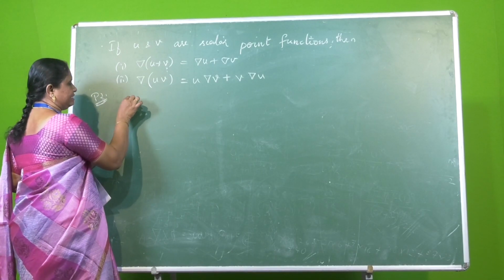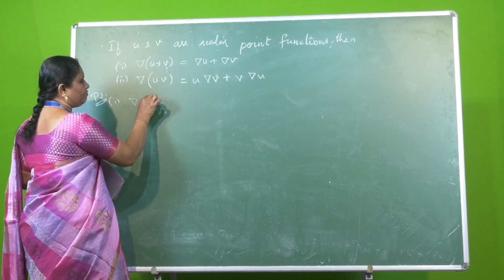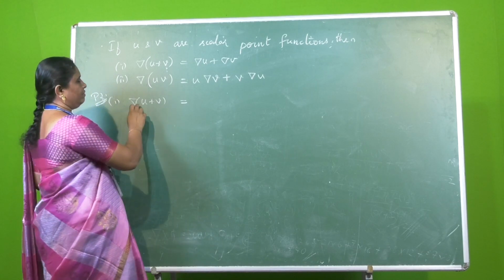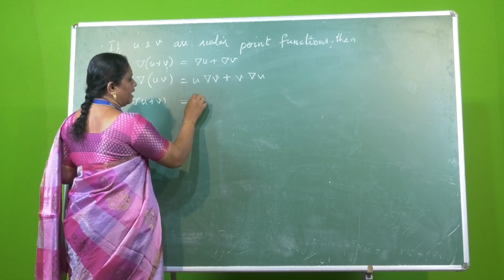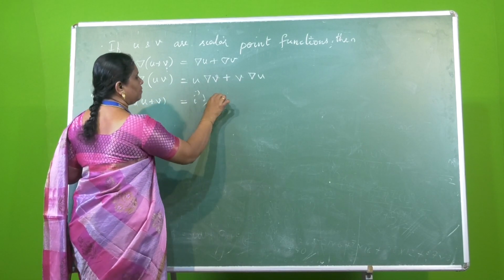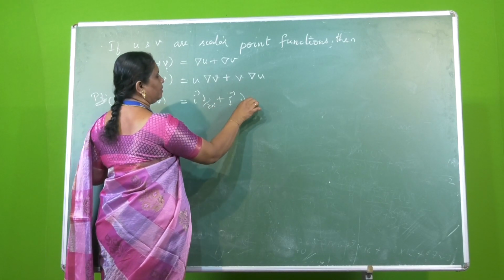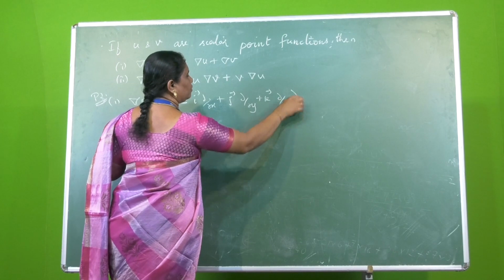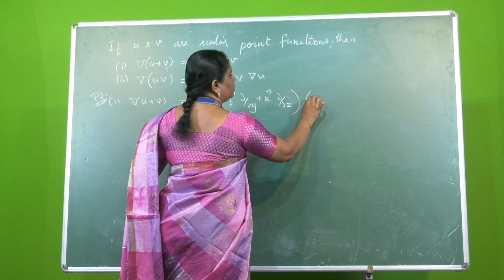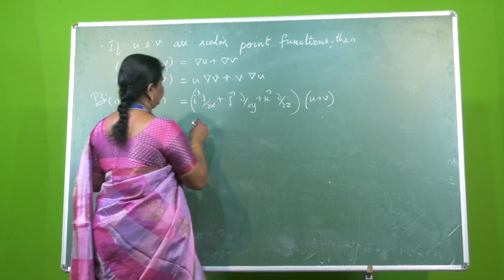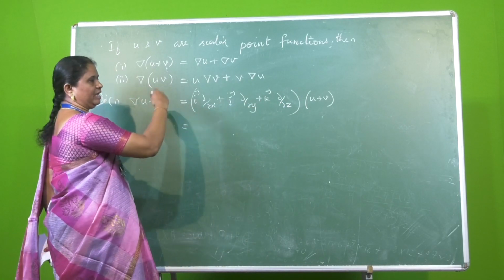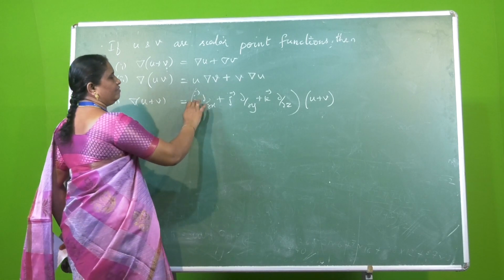Let us take the left hand side, first one, del of u plus v. So del of u plus v, we can write this del as i dou by dou x plus j vector dou by dou y plus k vector dou by dou z of u plus v. Next we have to differentiate.